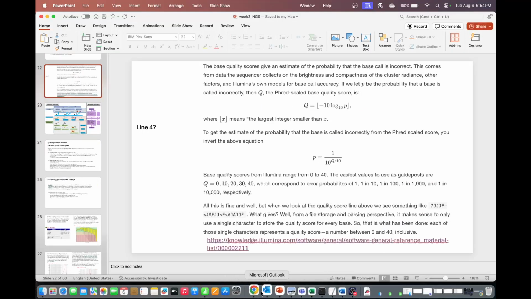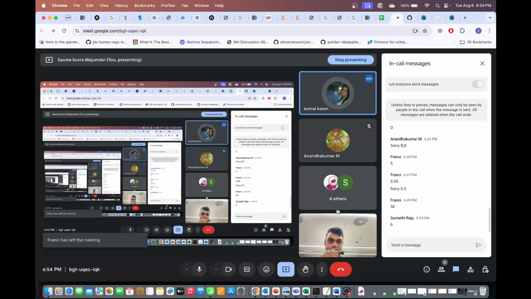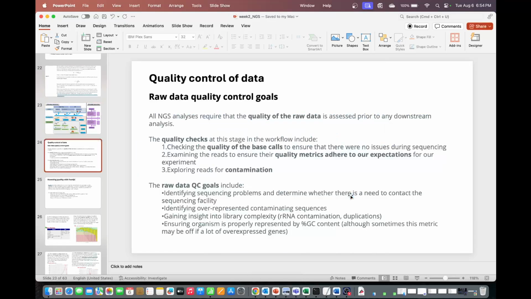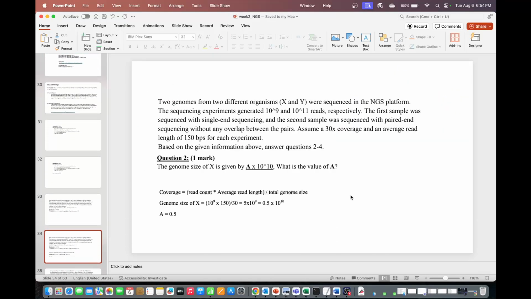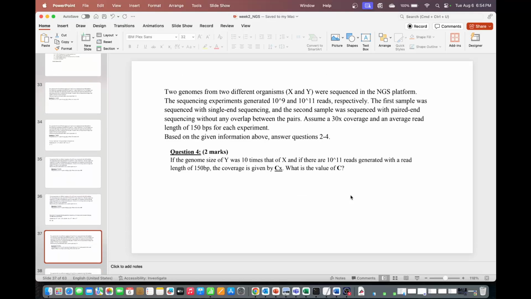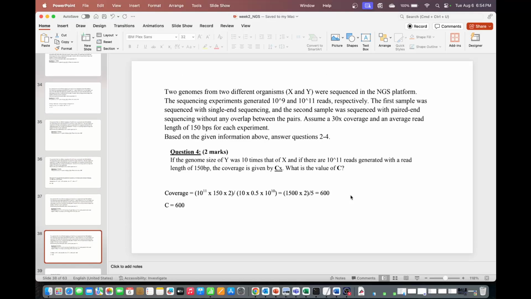Somebody was asking, there is one doubt. Go ahead. The genome size in the previous question, we got the answer of 100 for the second question and 600 for the continuation. We have been shared a PPT, whoever registered on this assignment.